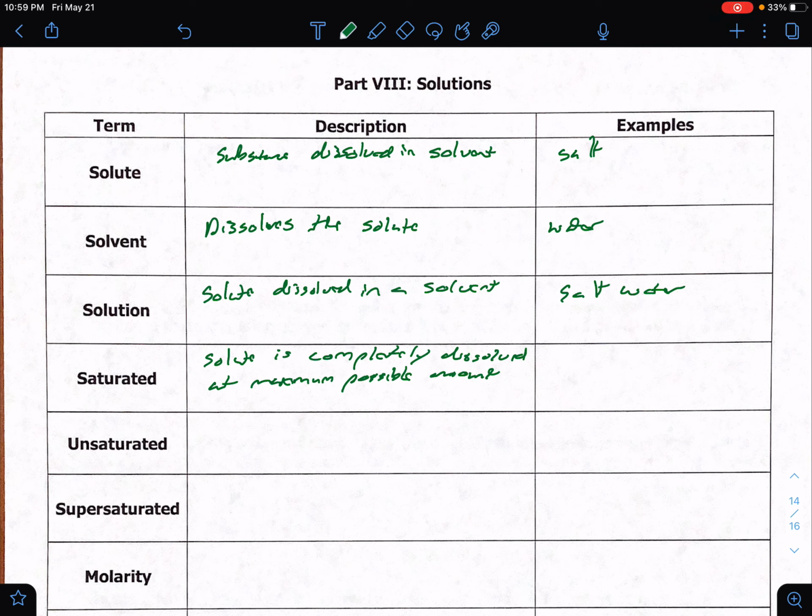So that means at a given temperature and a certain volume, that is the max amount you can dissolve. And we'll use the graph here in a bit. Okay, so when we use that graph, that means you're going to be on the line. If you're on the line, that means you're saturated.